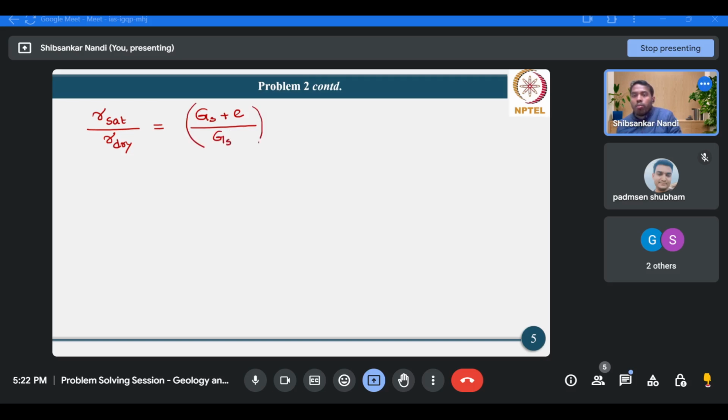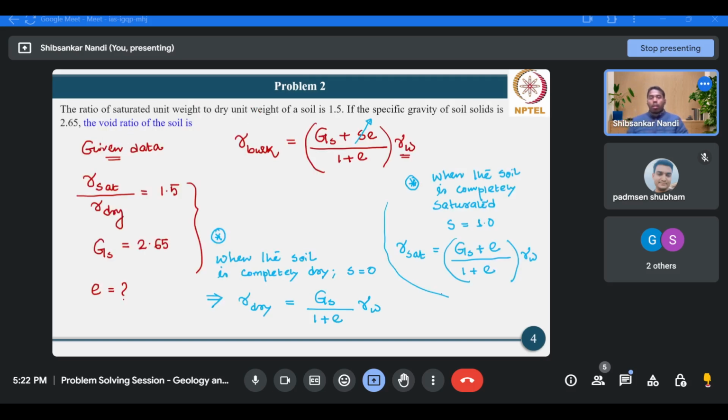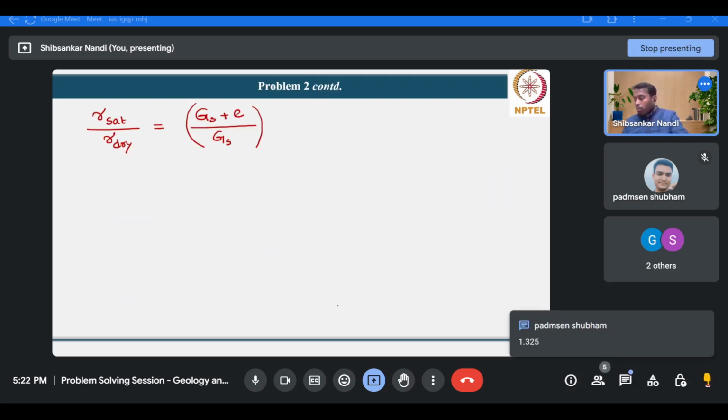Yes or no? If we divide this expression by this expression, then what will remain? Yes, very good, you have already got the answer.